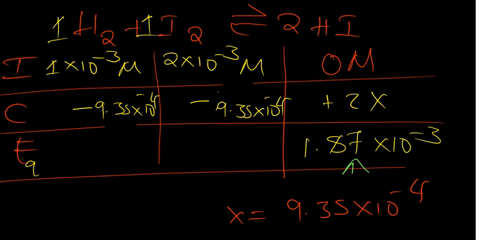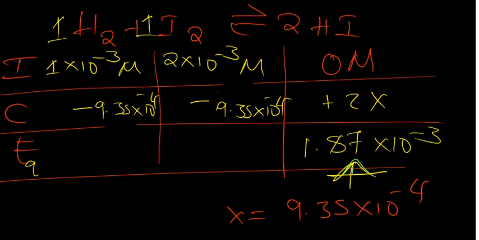So notice that we were already given in the question the initial concentration and the equilibrium concentration of a product. So we just need to find the equilibrium concentrations of what? Of our reactants. So 1 times 10 to the power negative 3 minus 9 times 9.35 times 10 to the power negative 4.